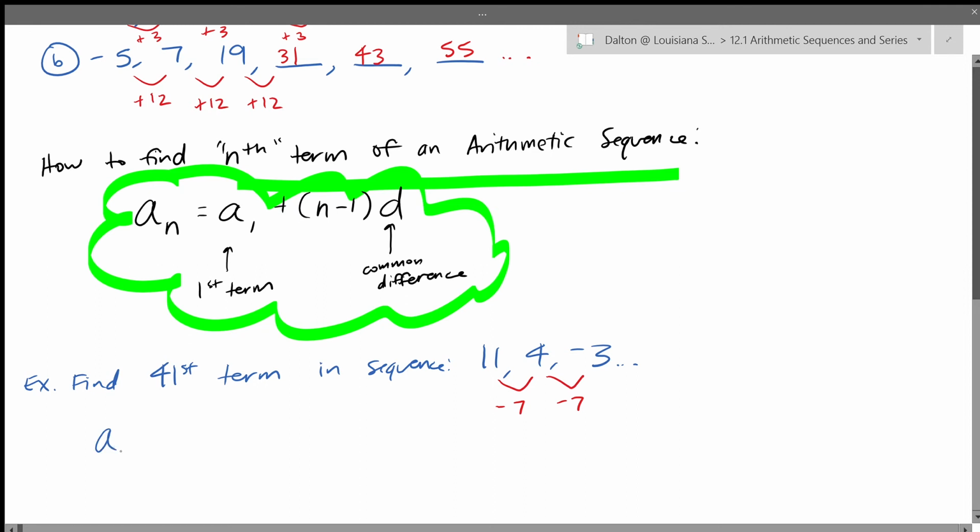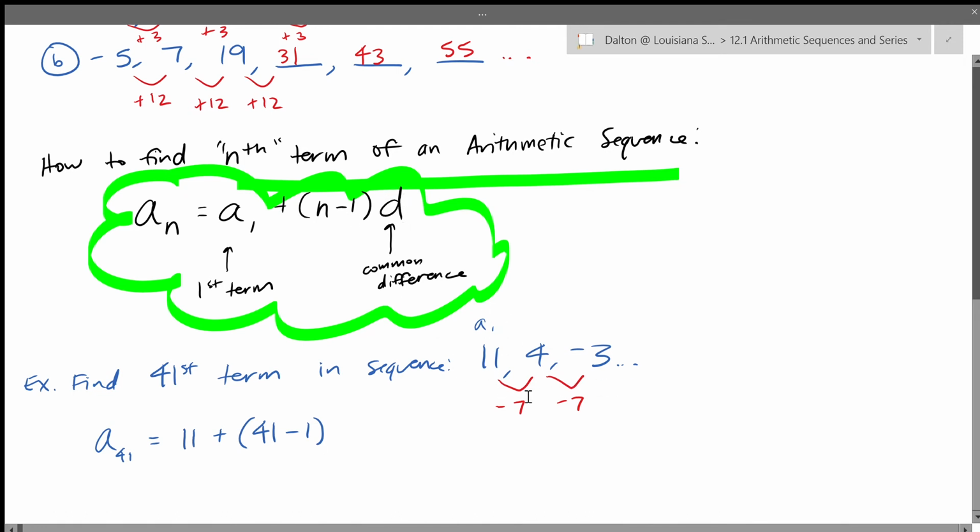A sub 41 would equal a sub 1, which is the first term. The first term in my sequence is 11. So that'll be 11 plus 41 minus 1, right? That's n minus 1, times the common difference. Now, you got to pay very close attention to the signs. If our numbers are increasing, then we are adding, so d should be positive.